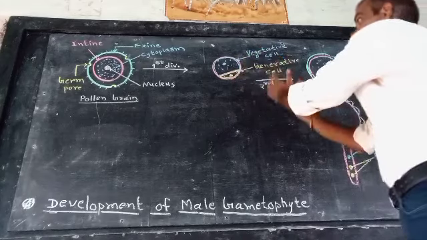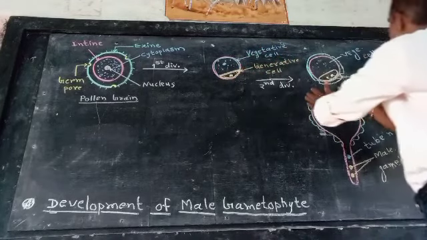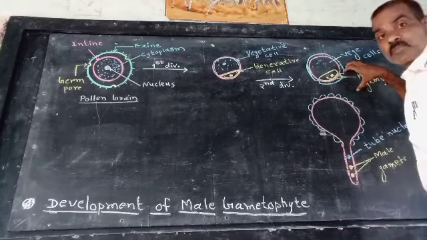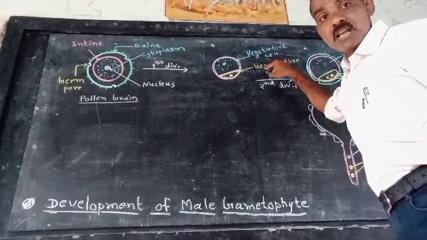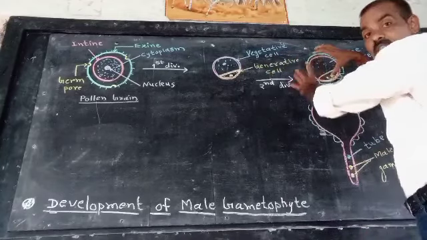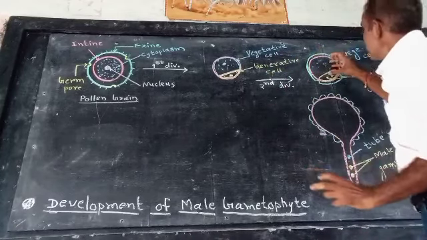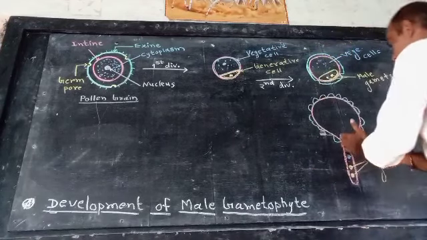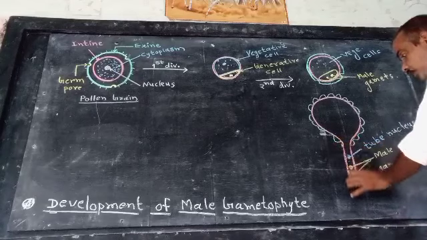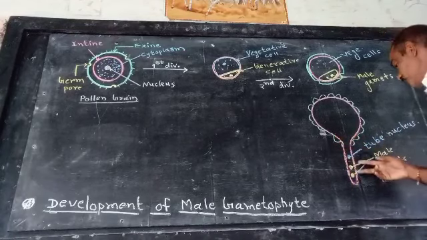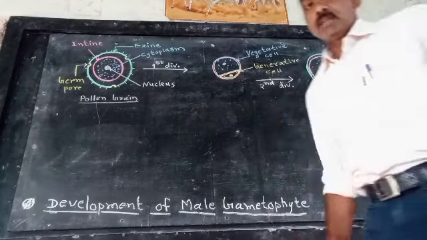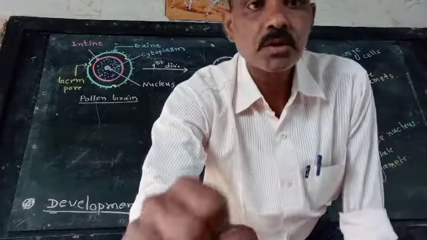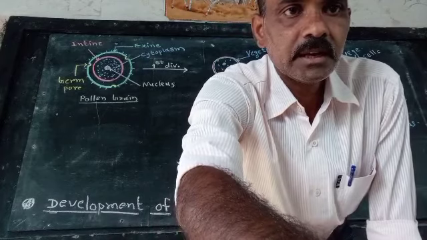Then the second division occurs: the generative cell divides and forms two male gametes. The two male gametes exert pressure within the pollen grain, and due to that the smooth intine wall comes out through the germ pore to form a pollen tube. Thus, the pollen tube containing two male gametes and one tube nucleus is the male gametophyte. Okay, students, next time we will see further.